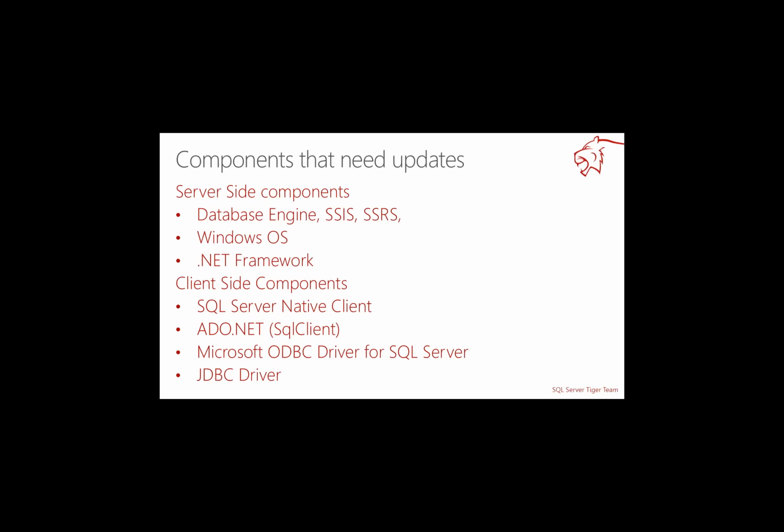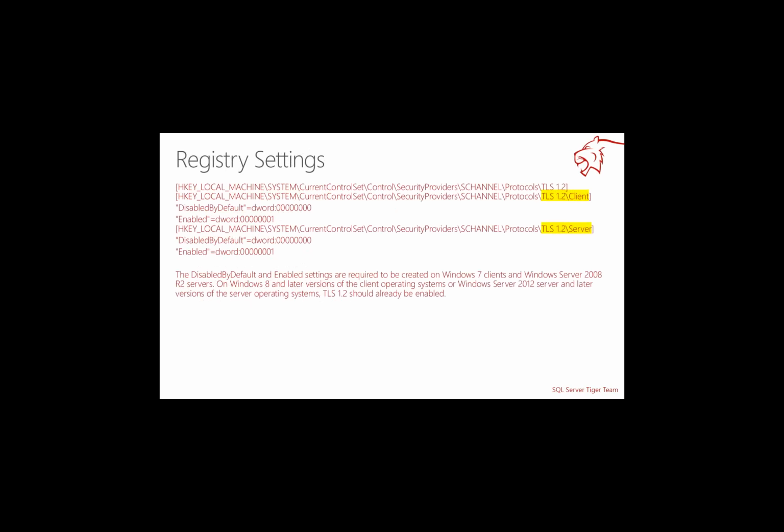Okay, so that question is a good segue for me to move on to the next slide. I will answer that question in two parts. If you have an older operating system, you will have to add these keys, what you see on the screen right now, to support TLS 1.2.